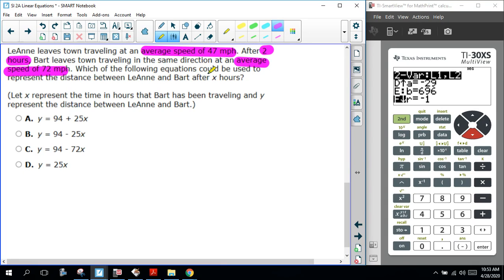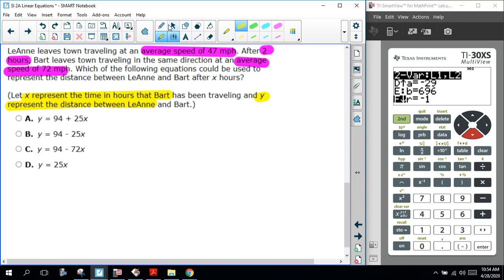Which of the following equations could be used to represent the distance between Leanne and Bart after x hours? X is going to represent, in this problem, the time that Bart has been traveling, and y is going to represent the distance between Leanne and Bart.